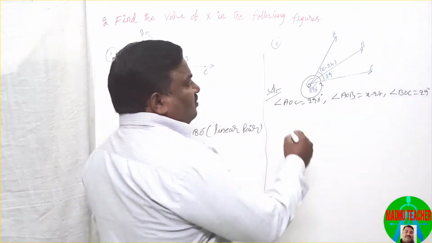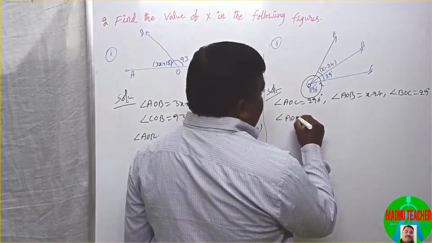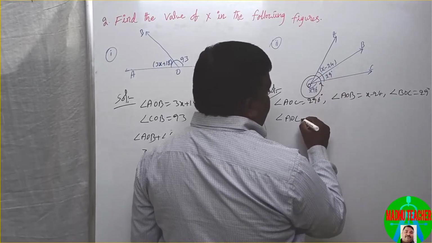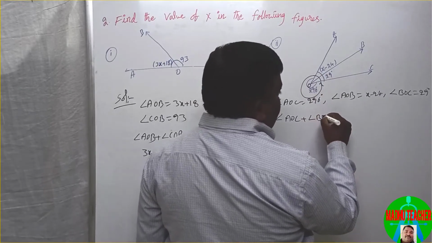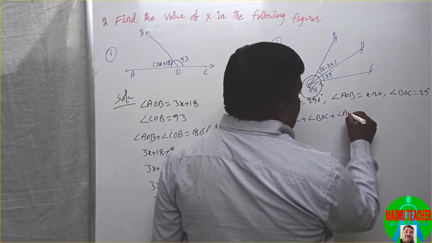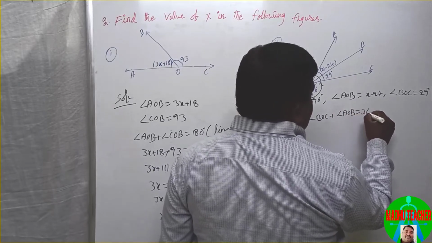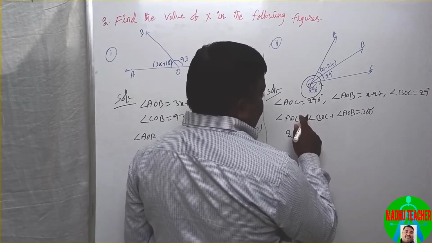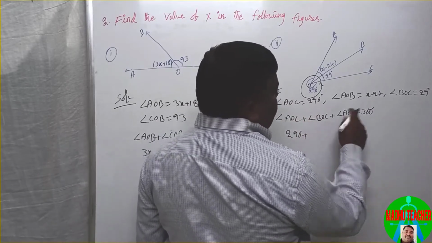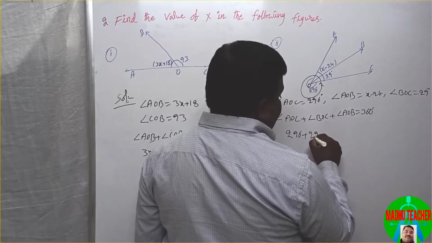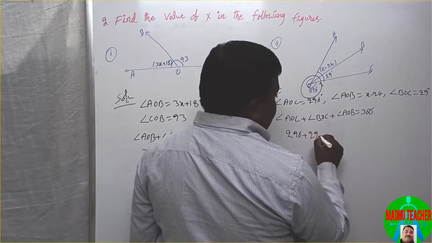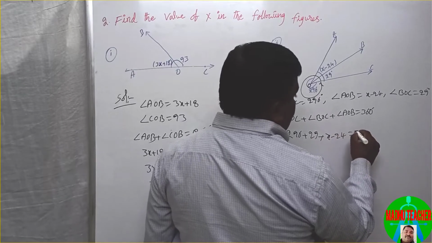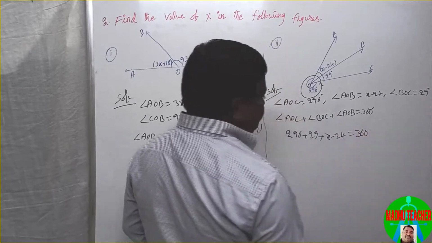Therefore, angle AOC, from here to here, plus angle BOC plus angle AOB equal to 360 degrees. AOC is 296 plus BOC 29 degrees plus AOB is x minus 24 equal to 360.